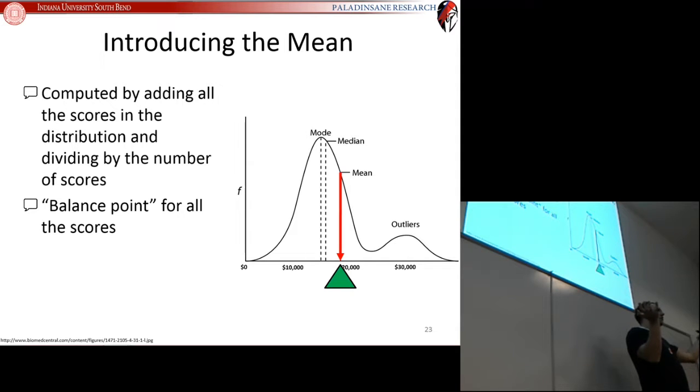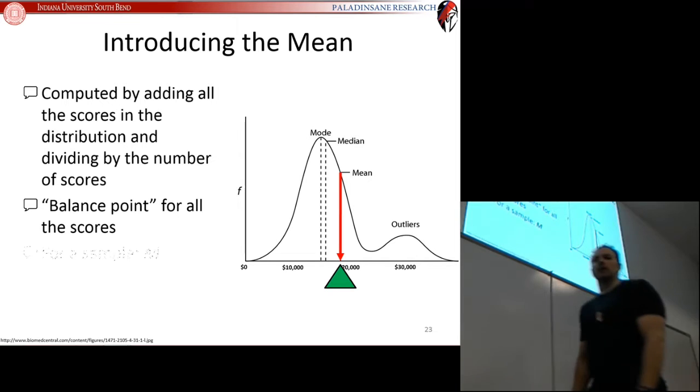But if you start moving one of them over here, all of a sudden it's going to tip because it's further out. So you got to move over to rebalance it. And then if somebody doubles your weight on this hand, you'll start to tip unless you bring it in, and then you can balance it again. So that's exactly what the mean does. It takes the weight of the scores on each side, and it also takes their distance into account to figure out where that central point is.